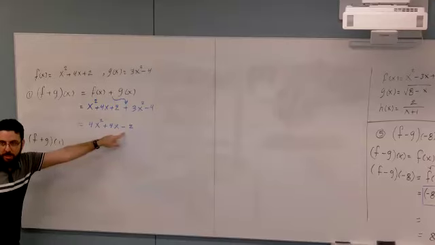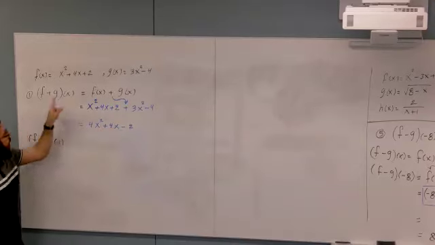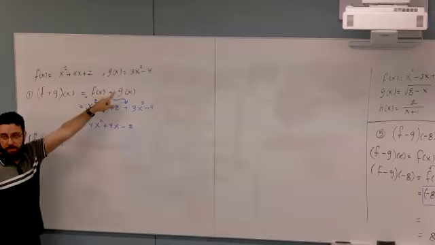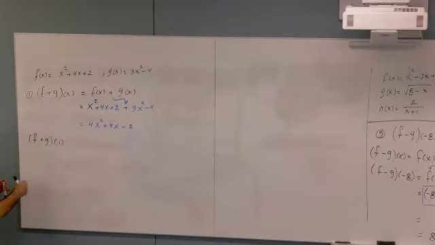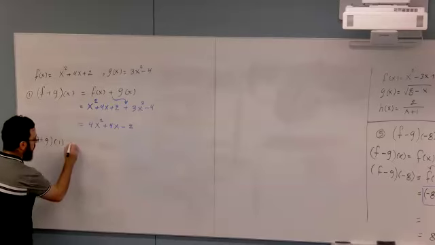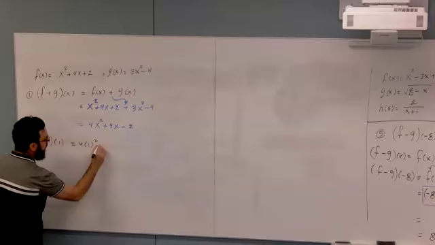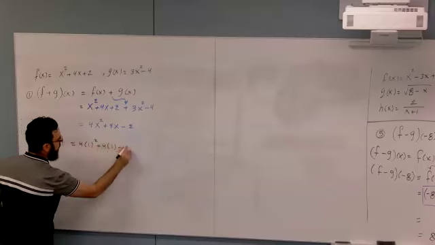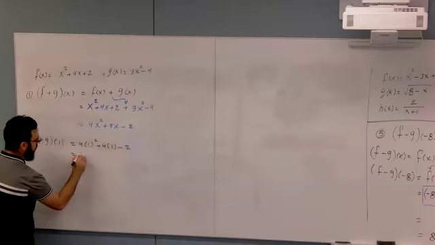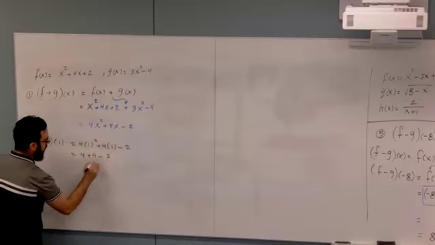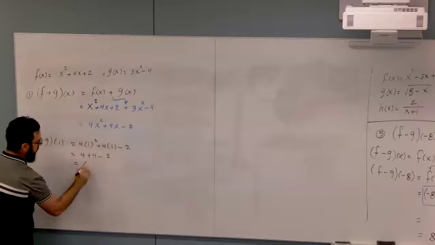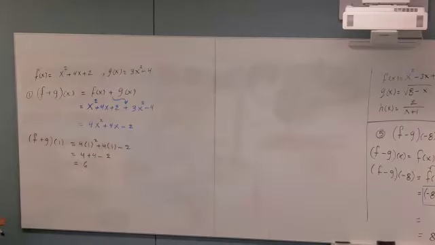This is the new function, the sum of these two functions. You get the idea? So I'm just going to plug in 1 here, which is 4 times 1 squared plus 4 times 1 minus 2. So it's going to be 4 plus 4 minus 2. 8 minus 2, you get the idea?